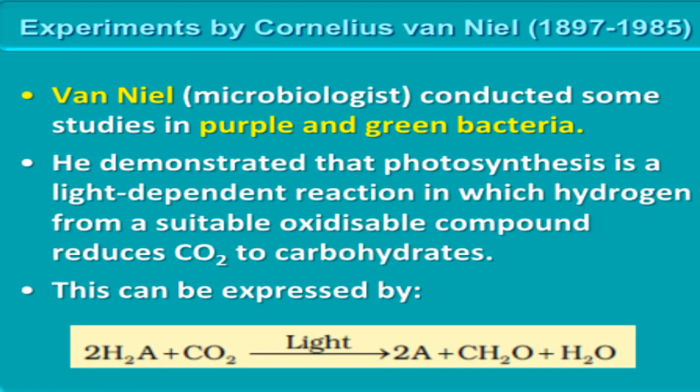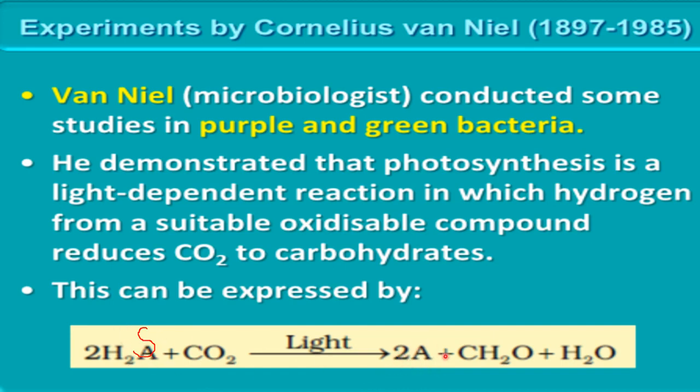Like in case of these purple and green sulfur bacteria, sulfur is used, so H2S is used here in place of H2O. It combines with carbon dioxide, and in presence of sunlight it provides us 2A. What is A here?